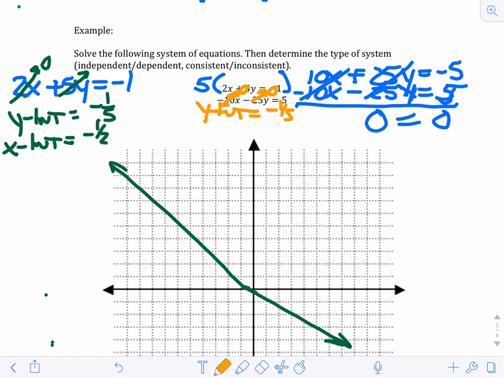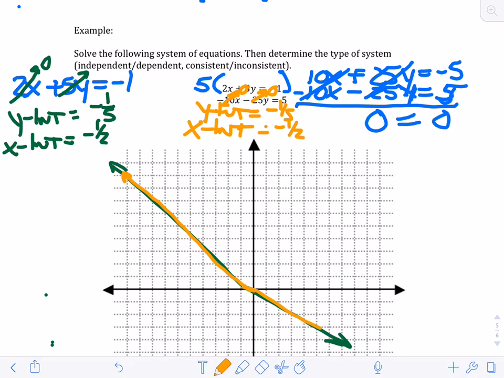We let y equal 0. Our x-intercept, well, that equals negative 1/2. Well, that's kind of weird. Plot those. And now that we've got our points, we can draw our line.